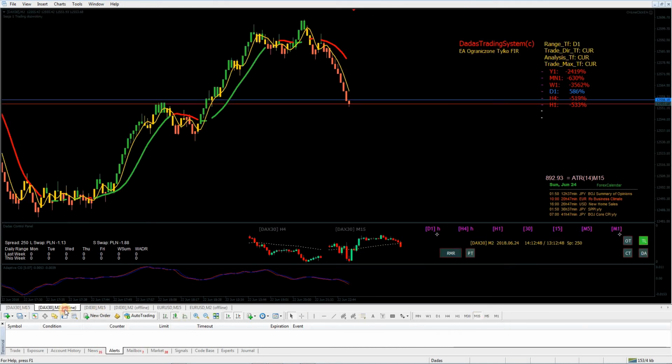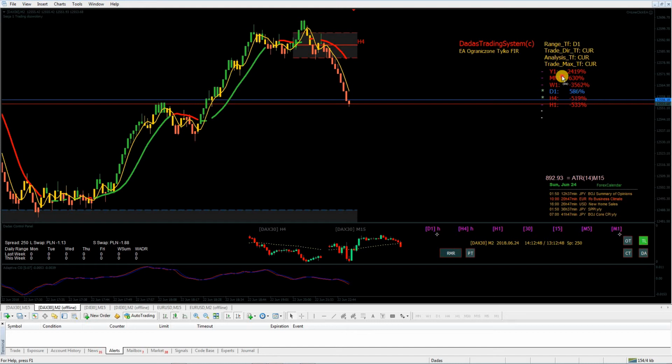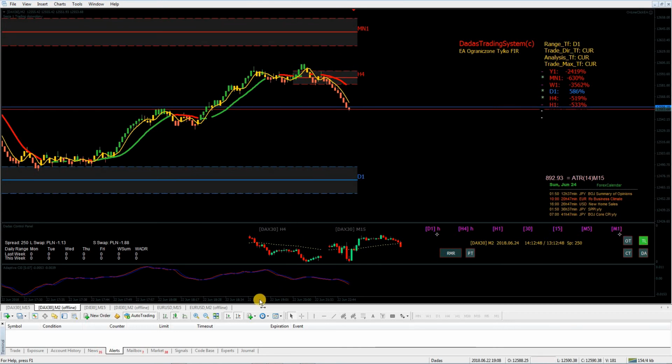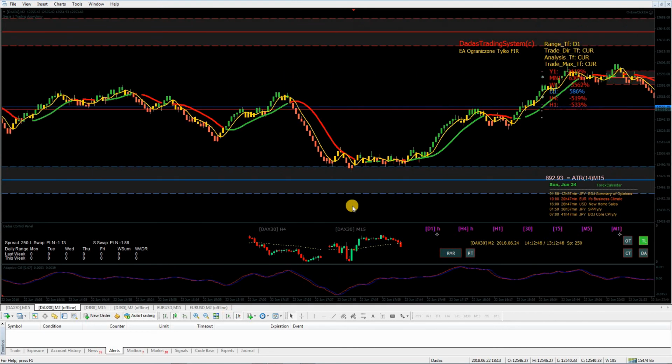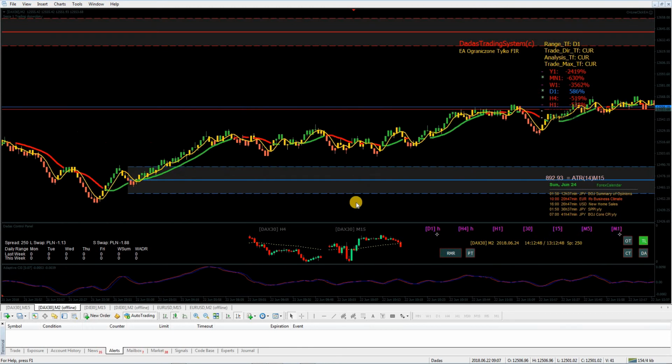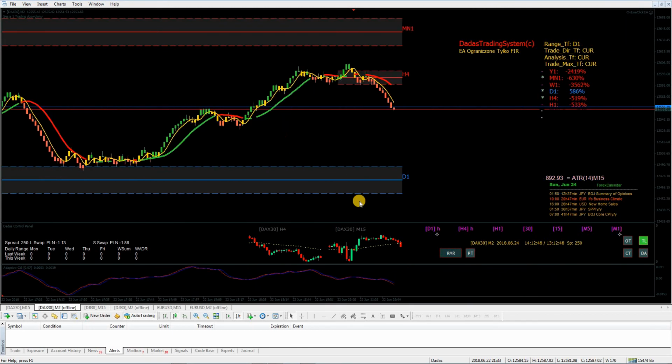M15 and a range bar chart, right? Where we also do the same things, clicking the same levels, right? And we can see the price action of the range bar chart in relation to all those other levels that we're interested in at the given moment, right?